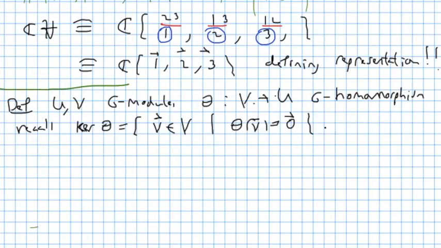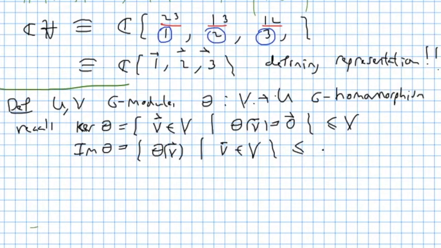Okay, and this is a subgroup of V, and the image or range of theta are the elements in U of the form the image of V under theta.